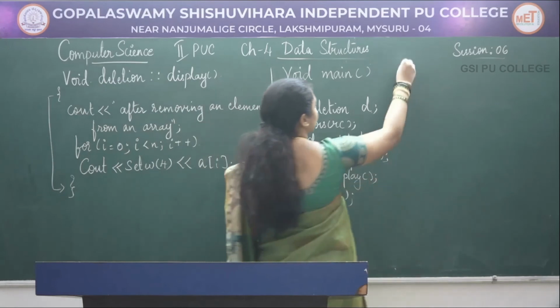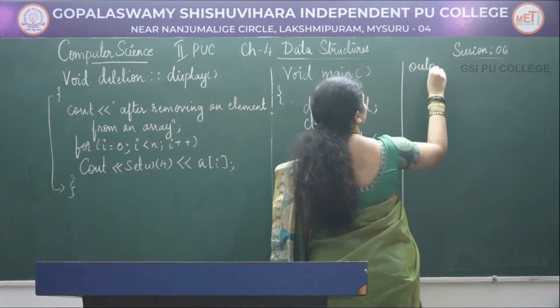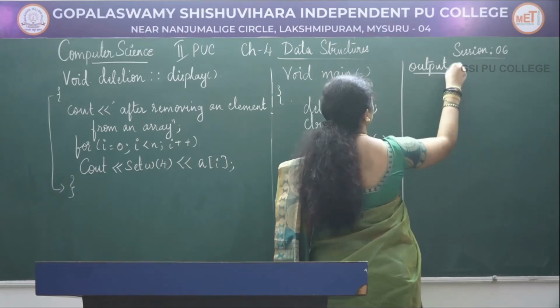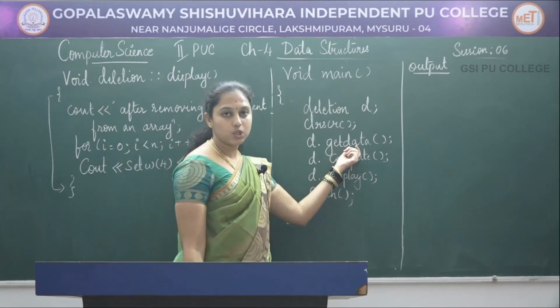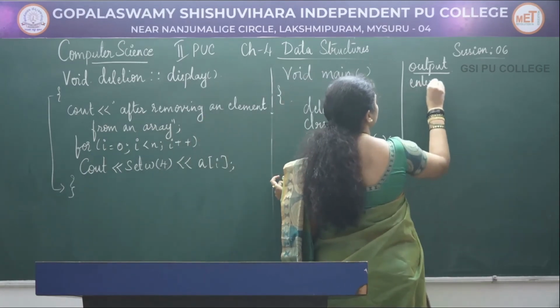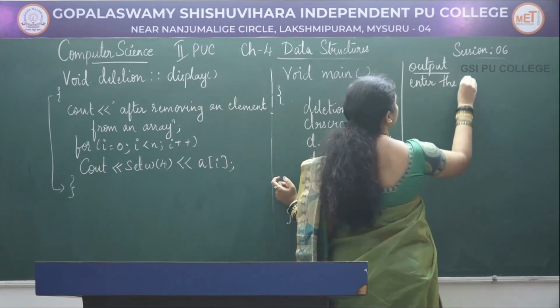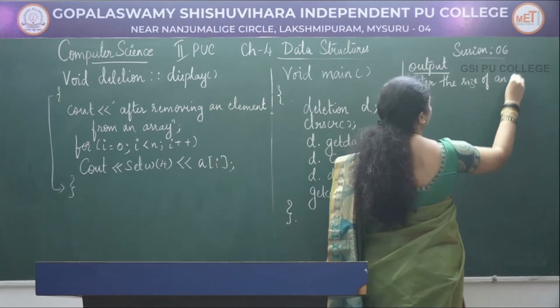Yes, what is the output for this program? So, here first the get function is called. So, in the get function first it will ask the user to enter the size of an array. What is the size of an array?